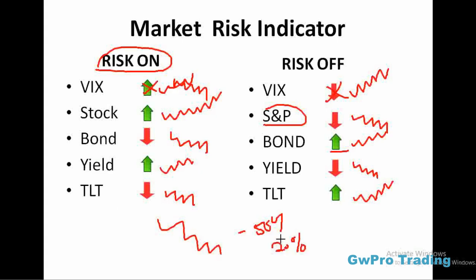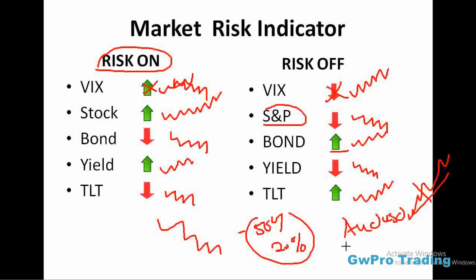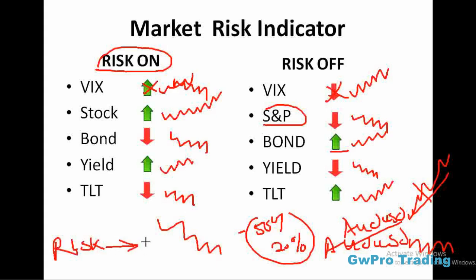Definitely, that is risk off. All right, so you don't want to be buying, you don't want to be taking AUD/USD long. You don't want to be doing that. Rather, you want to be taking an AUD/USD short trade, because the flow of cash is flowing from the risk to less risky assets.